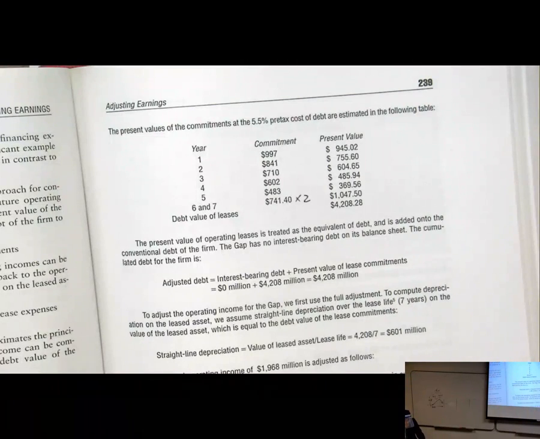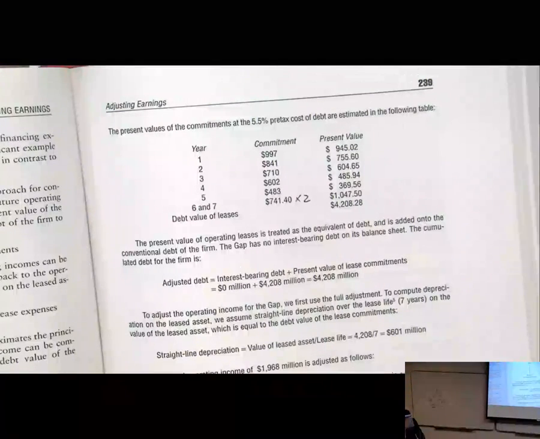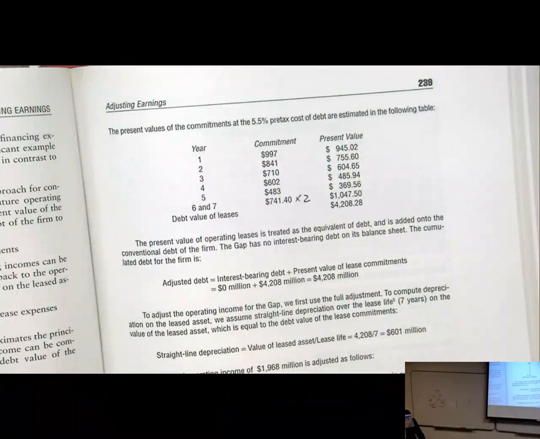So on your balance sheet, on the asset side, you add $4.2 billion. That's the so-called leasing assets. On the right side of your balance sheet, you add $4.2 billion debt. It's like you are borrowing $4.2 billion in debt to buy $4.2 billion worth of assets.